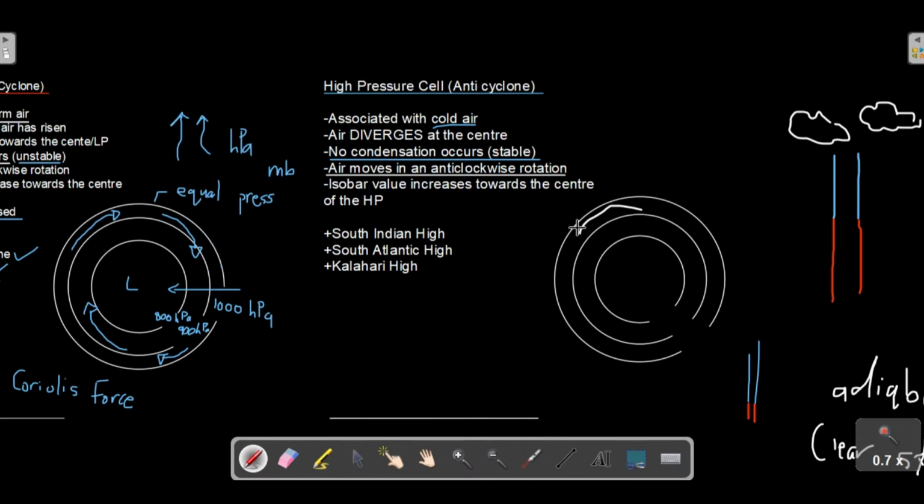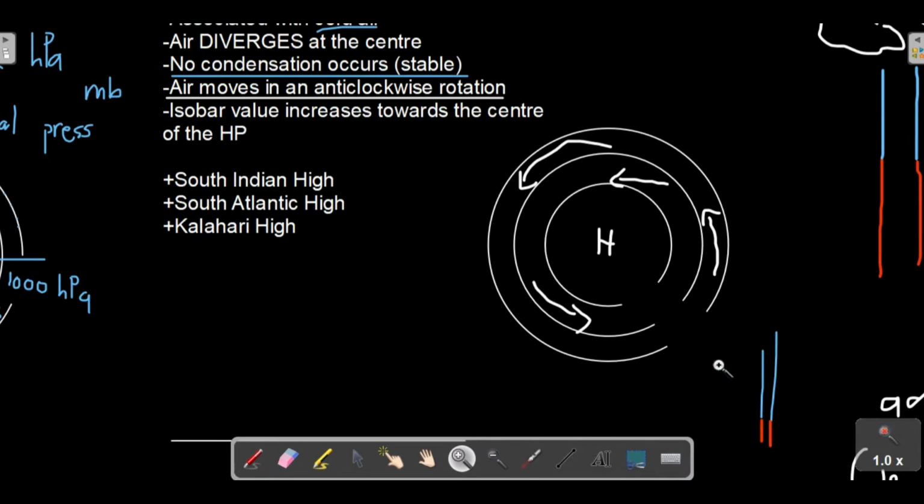So anti-clockwise should be opposite like that. So as you can see here, we have an anti-clockwise rotation of air, and so that's one of the other signs that you should also look at. And of course there's high pressure at the center there.